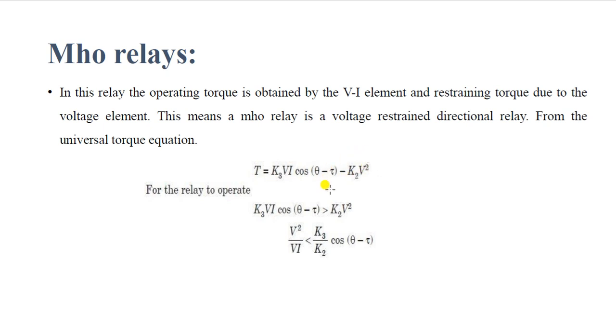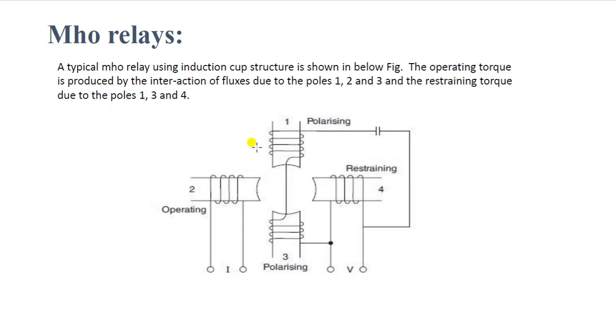That component provides the restraining torque and that component provides our operating torque. For the relay to operate, this component must be greater than the voltage component. Modifying the equation, V divided by I, that is Z, is less than K3 by K2 cos(theta minus phi).